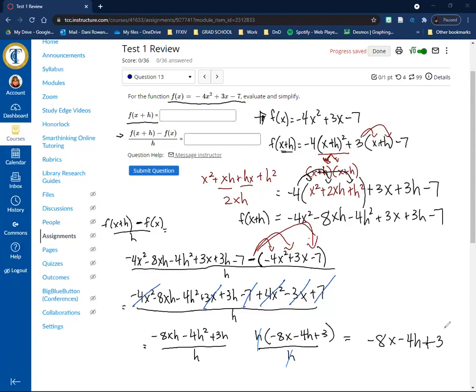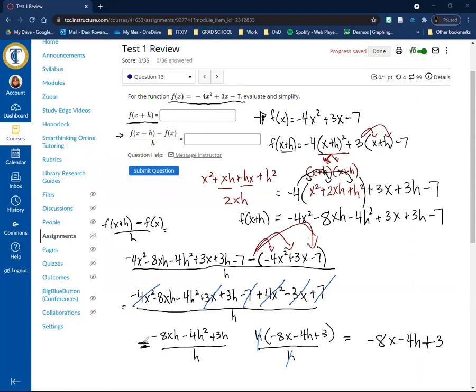Why couldn't you just divide the h before you factor out the h? You can, as long as there's an h in every term. So if you see that and you're comfortable with doing that, you're more than welcome to.